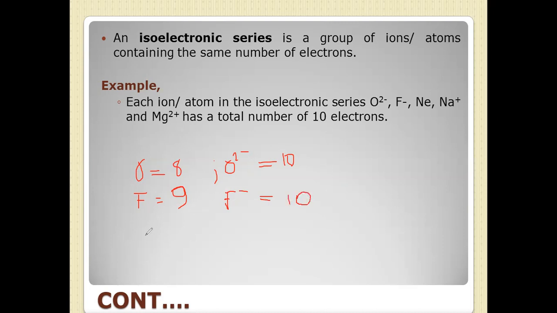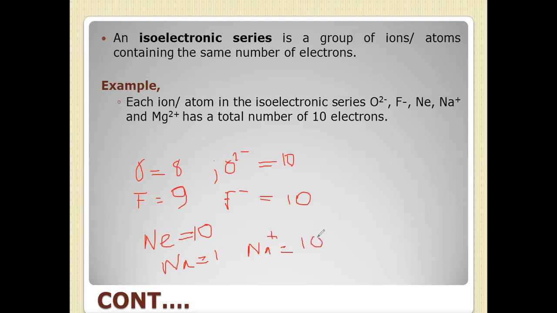Go for neon. We know neon is a noble gas, unable to accept any electrons, so that is also 10. And take sodium. Sodium has 11, losing one electron, becoming sodium plus, so that is also 10. And take magnesium.